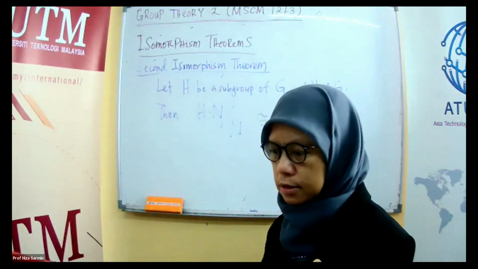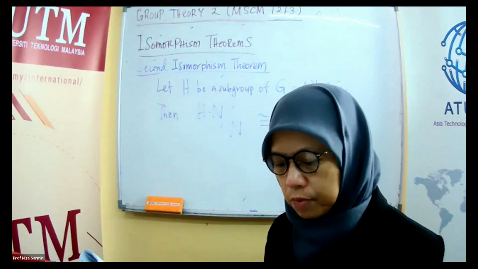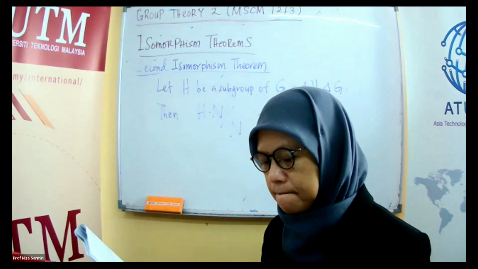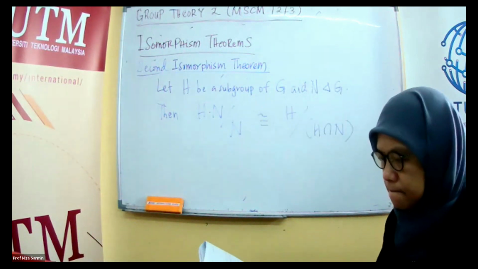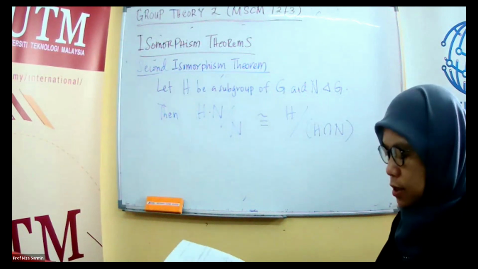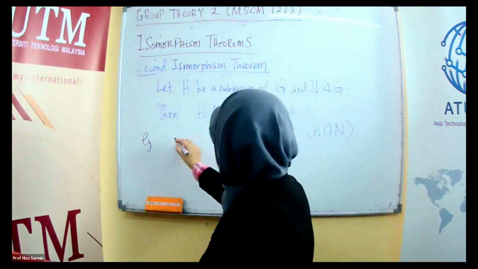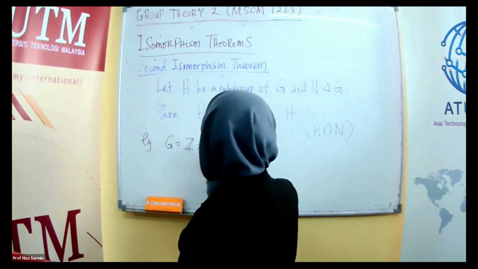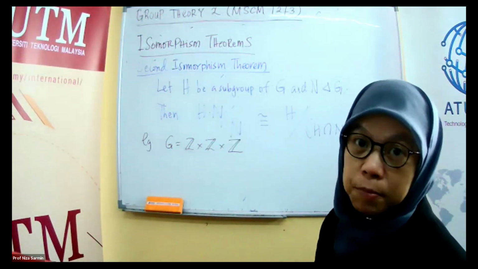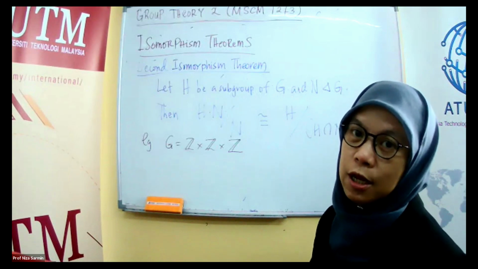Let me just give one example. Okay. This is it. G is 3 copies of the integers, X, Y, Z. It's like R3, right?